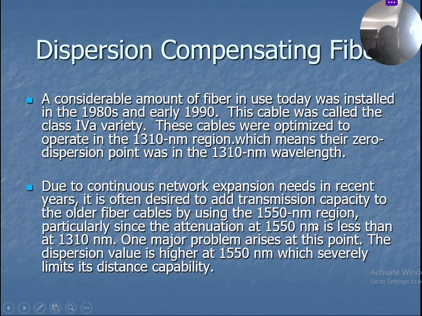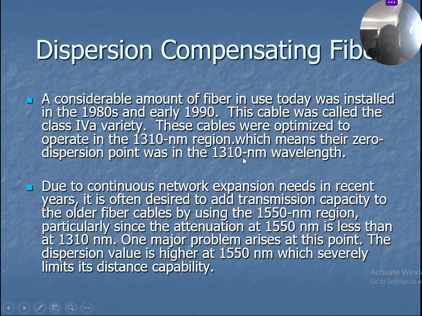Dispersion compensating fibers. A considerable amount of fiber in use today was installed way back, like in the 80s and in the 90s, right? Now the cables were called the class 4A varieties of cable. Now these cables were optimized to operate in the 1310 nanometer wavelength region, which means that at that time they also had the zero dispersion point for this wavelength.